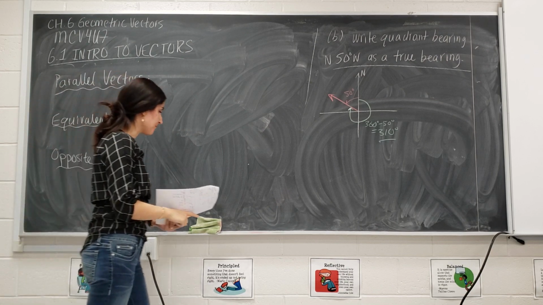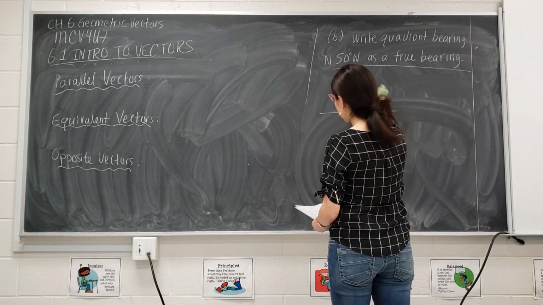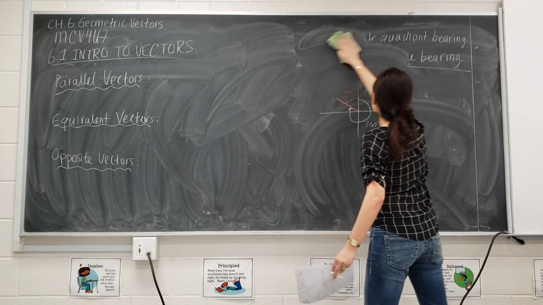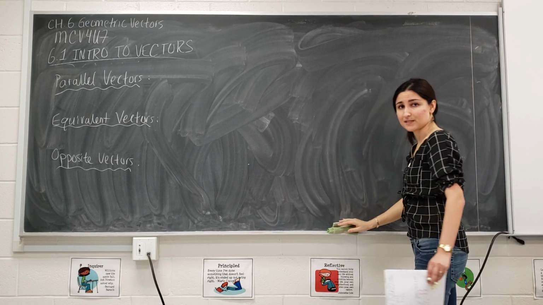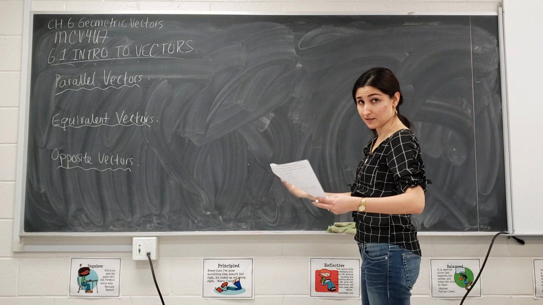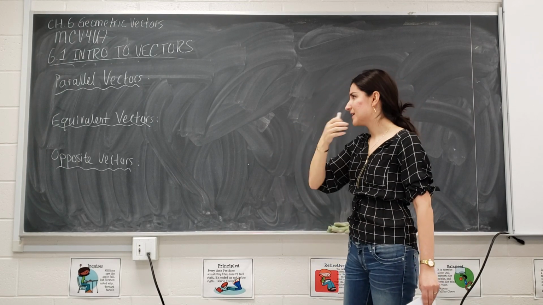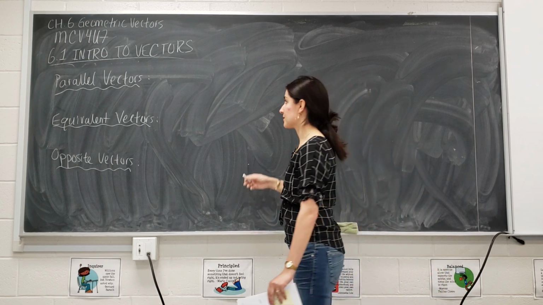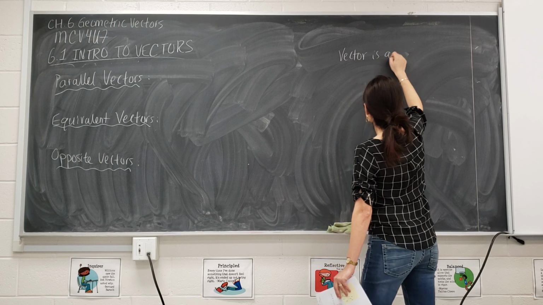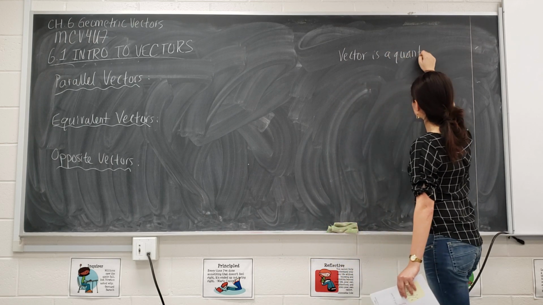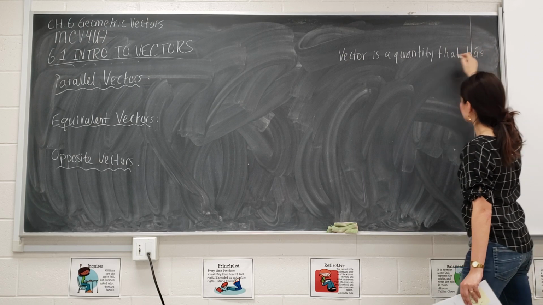All right, now at the beginning when we started discussing what a geometric vector was, I didn't define what a vector is because, well, we studied vectors in grade 11 and you studied it again in grade 12 when we were studying the IB. So the definition of vector I didn't define again. But let me just quickly mention again what a vector is. A vector is a quantity that has both magnitude and direction.